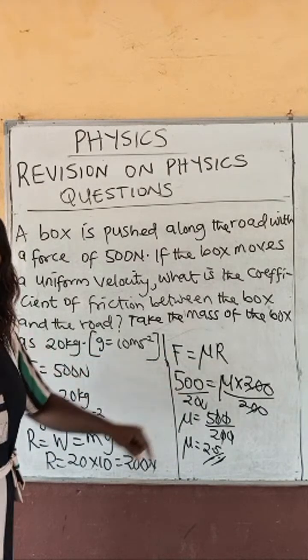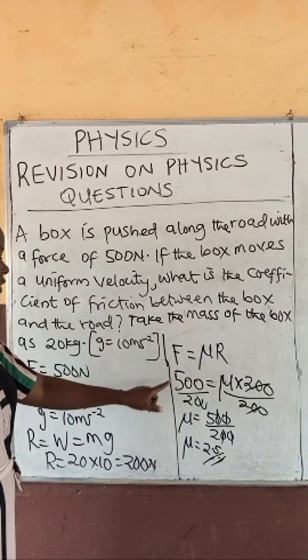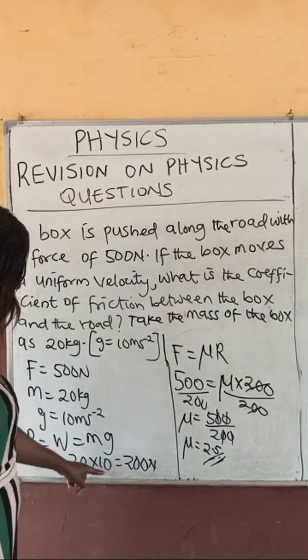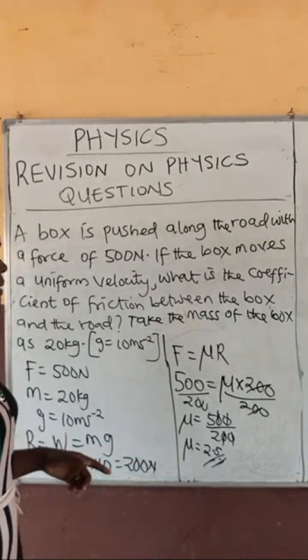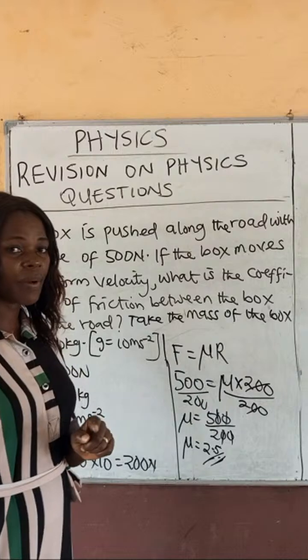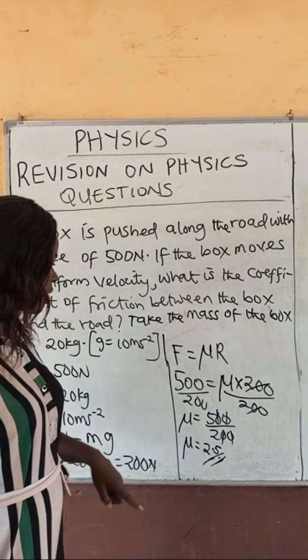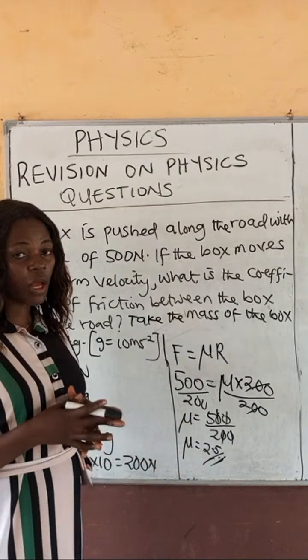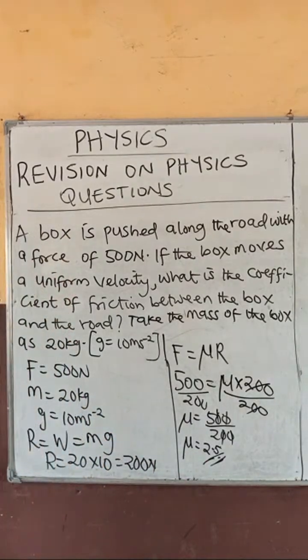F is equal to mu R. What's my force? My force is 500, equal to mu times my reaction, 200. Because I'm looking for mu, I divide both sides by 200. So I have the coefficient of limiting friction to be 2.5. Is that okay now?